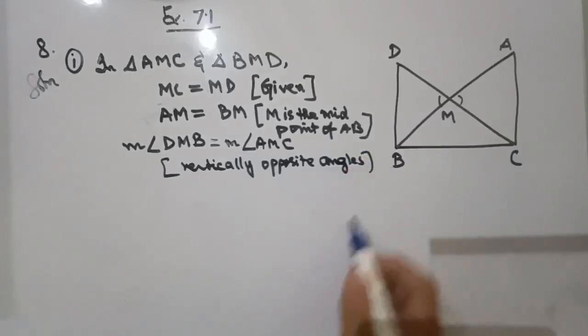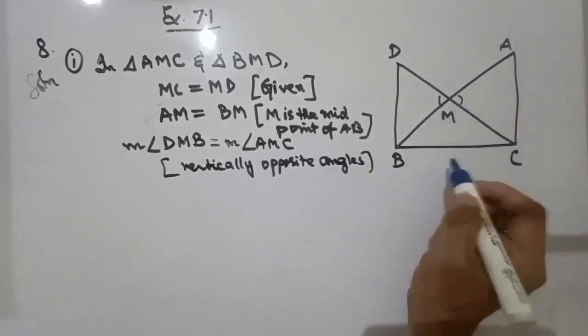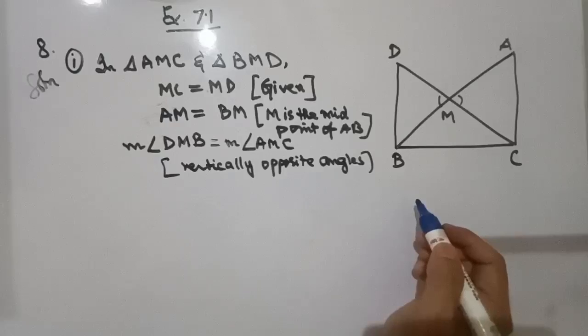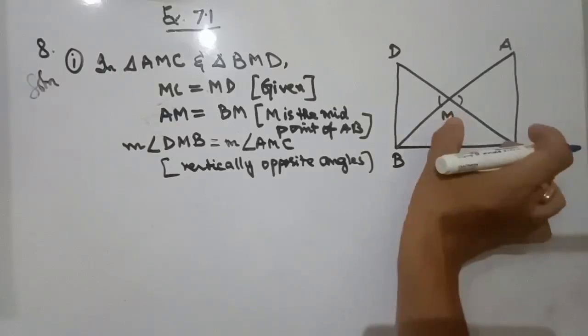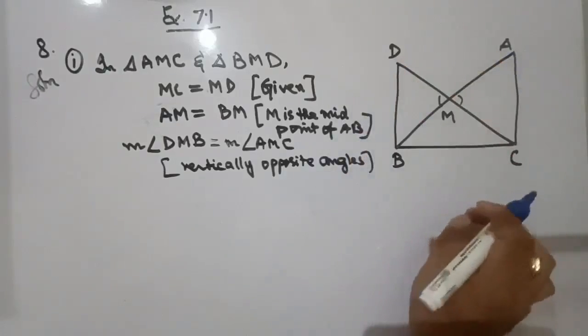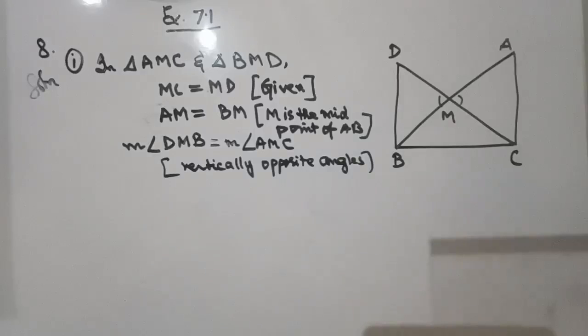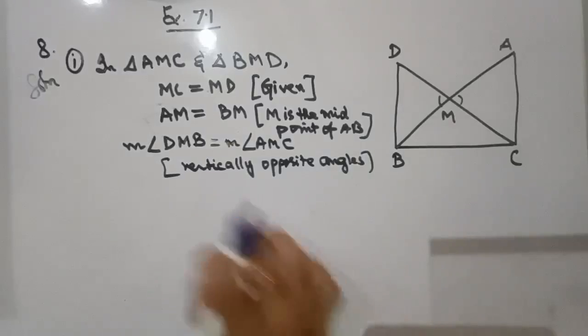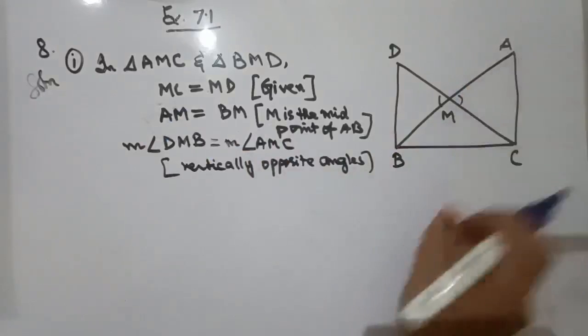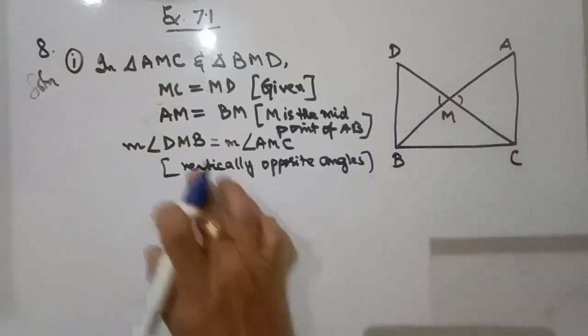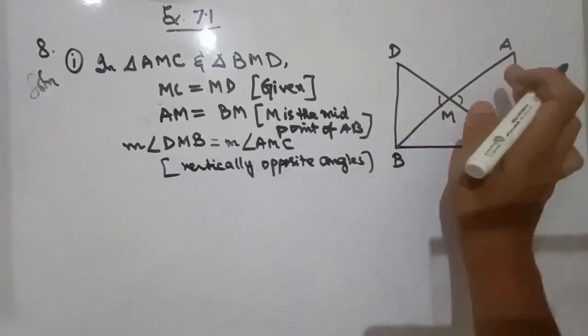Now in these two triangles, triangle AMC and BMD, side MC is equal to MD, and side AM is equal to BM, and also the angle DMB is equal to AMC.